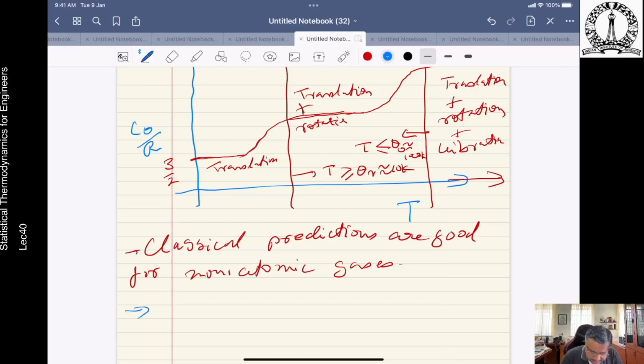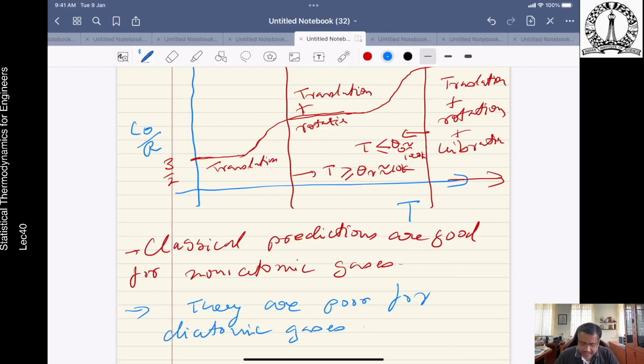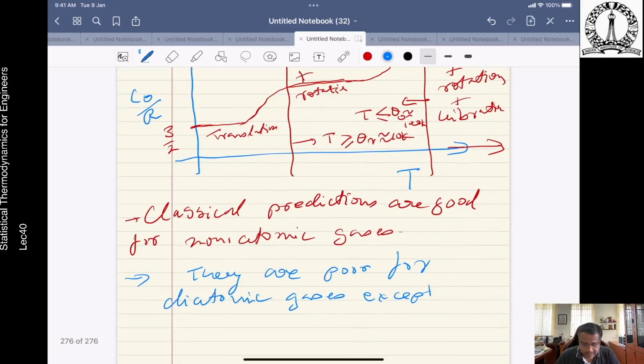The second point is that they are poor for diatomic gases, except when the temperatures approach about 1000 to 2000 Kelvin.